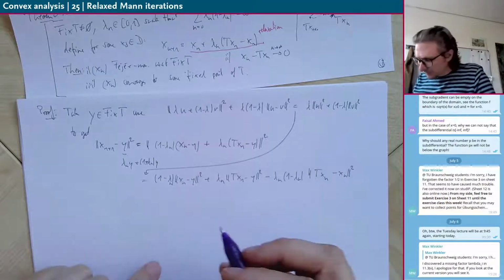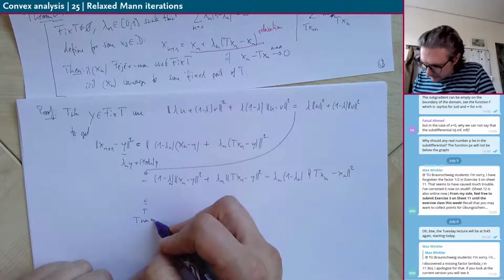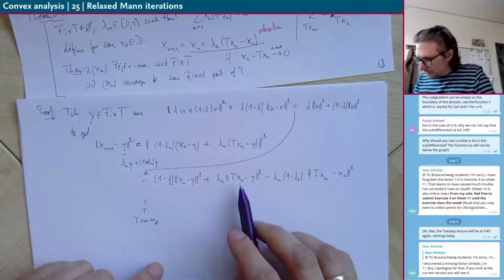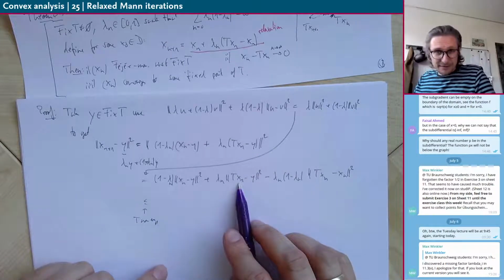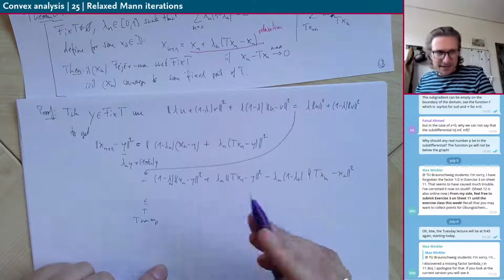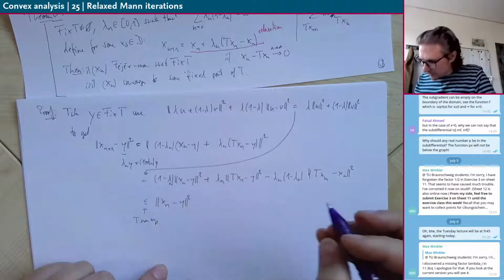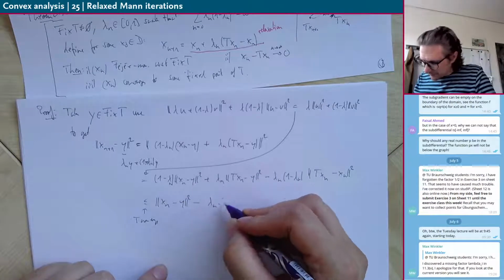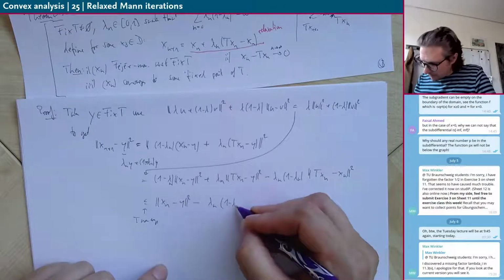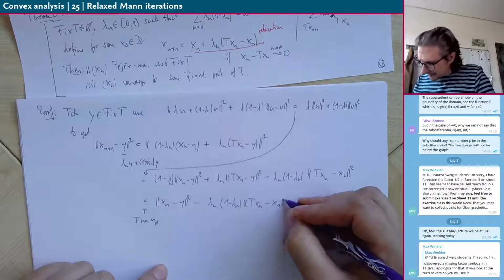Yeah, and then we use non-expansiveness to estimate this guy here by the norm of xn minus y squared. It's the same as this, and 1 minus lambda n and lambda n add up to 1. So we get the norm of xn minus y squared minus this guy here, lambda n times 1 minus lambda n times the norm of T xn minus xn squared.